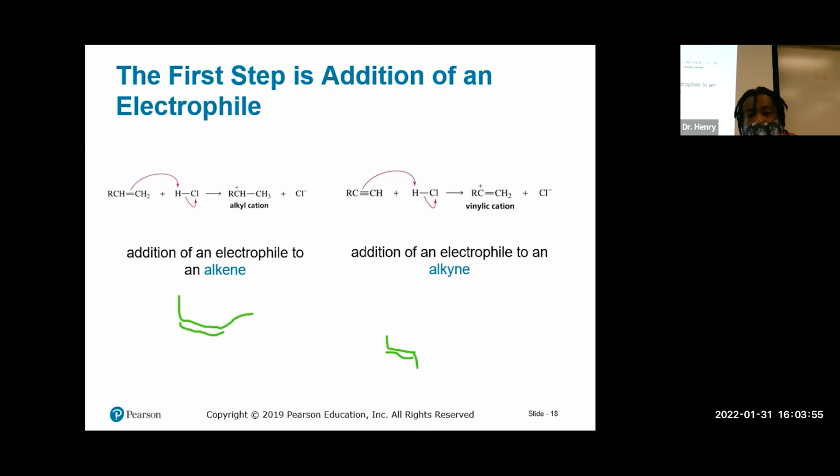The hydrogen is going to attach to one of the carbons. The other carbon is going to have a plus charge associated with it, so it's going to form a cation. And then the chlorine is going to attach to that. Okay. Make sense? Okay. So it's going to be that same process.